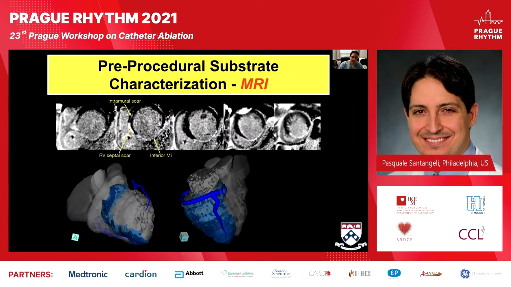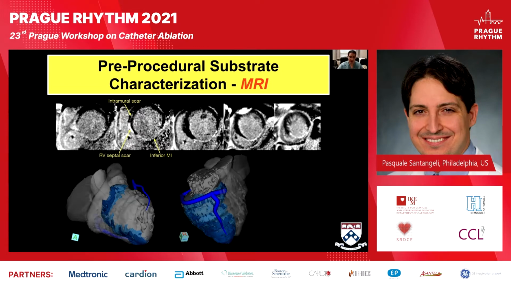Pre-procedural substrate characterization was performed in this particular case with MRI and the inHEART software, which largely confirmed the presence of a large inferior scar and transmural scar. And of interest, there were some areas of the basal septum where the scar extended intramurally. We have been interested in identifying these areas from pre-procedural imaging, as these may not be easily identifiable with intraprocedural mapping, due to the limitations that we discussed.